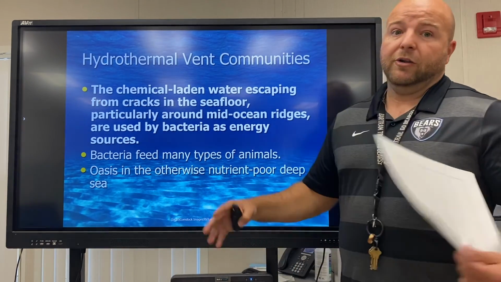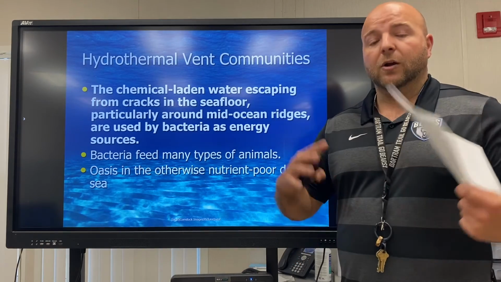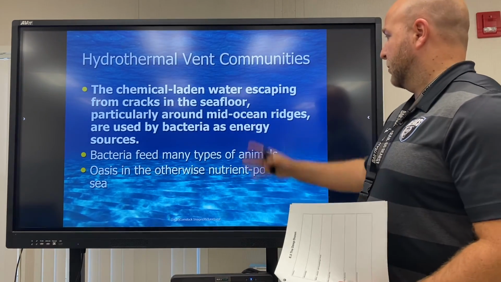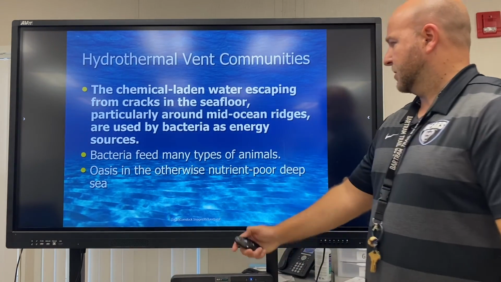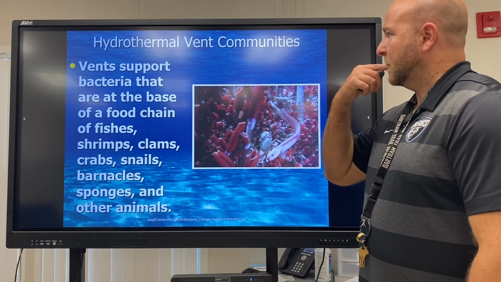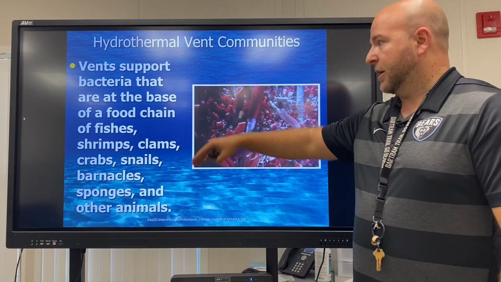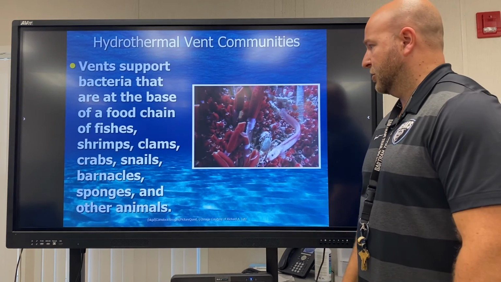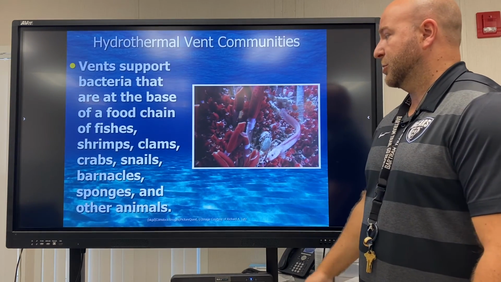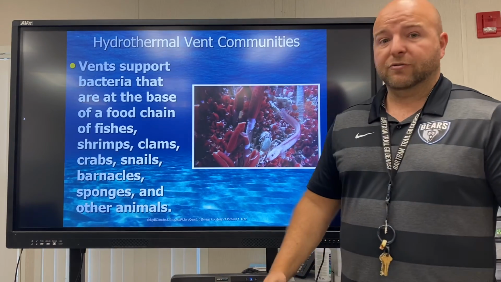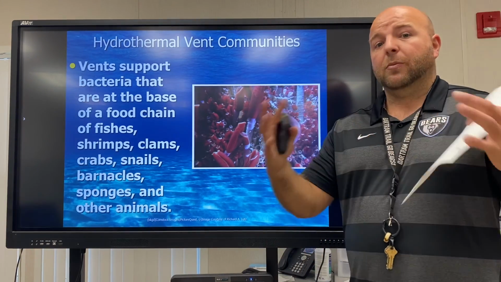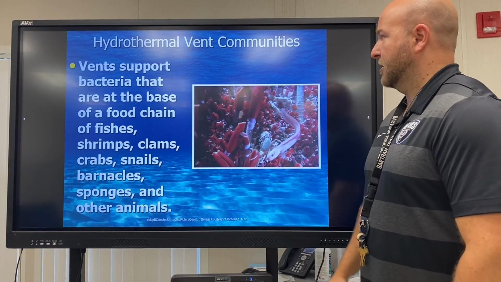And then from there, other things come and eat that bacteria, and a whole ecosystem develops around these hydrothermal vents. So vents support bacteria that are the base of that food chain, and then from there you have some fish, shrimp, clams, crabs, snails, barnacles, sponges, lots of other different organisms that develop in that food chain around these hydrothermal vents.